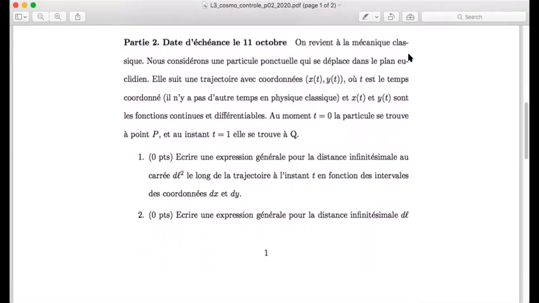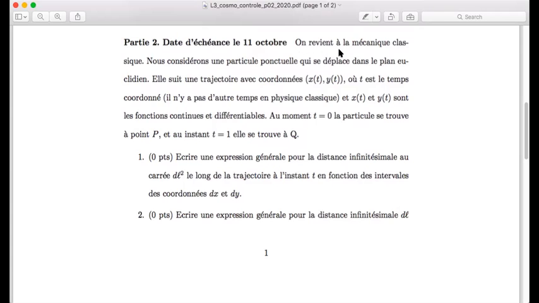I wanted to relate these things we're learning about parameterized curves and tangent vectors to familiar examples from classical mechanics and Galilean kinematics.